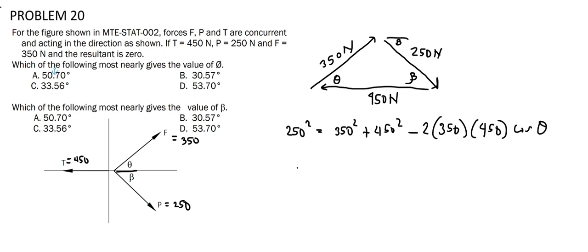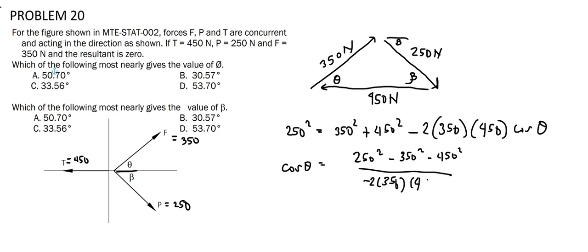Manipulating this equation, we will get cosine theta is equal to 250 squared minus 350 squared minus 450 squared divided by negative 2 times 350 times 450. And then utilizing the arc cosine function, we will get theta is equal to arc cos of this expression.